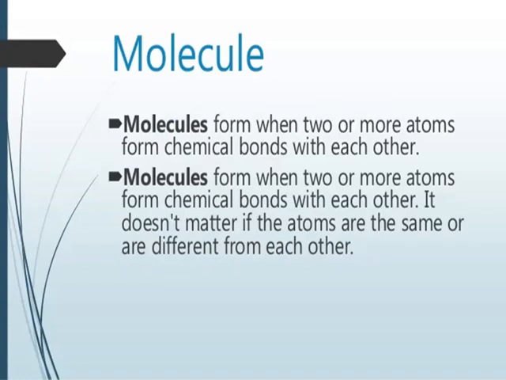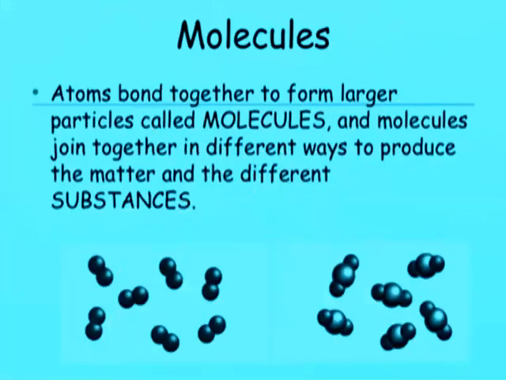It does not matter if the atoms are the same or different from each other. Atoms bond together to form large particles called molecules, and molecules join together in different ways to form matter and different substances around us.